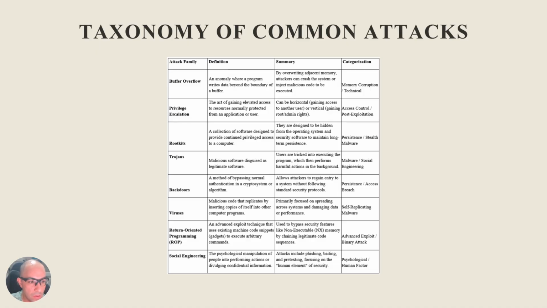The next attack is rootkits. Definition: a collection of software designed to provide continuous privileged access to a computer. They are designed to be hidden from the operating system and security software to maintain long-term persistence. Categorization for this attack is persistent stealth malware.